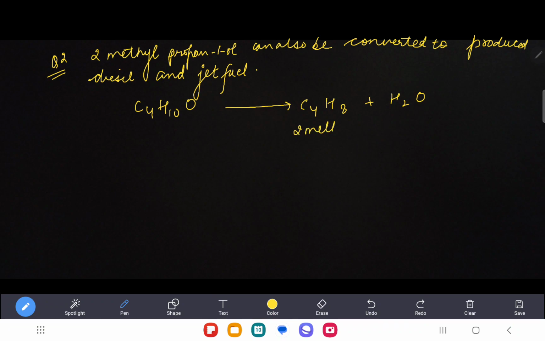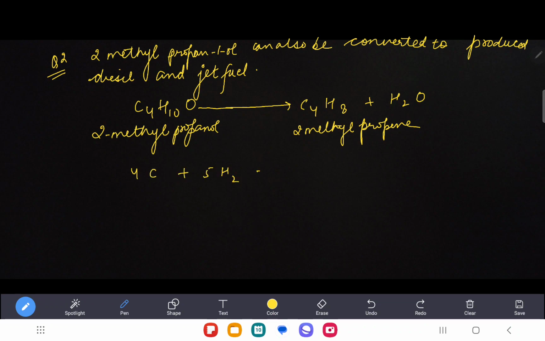So 2-methyl propene. That is 2-methyl propene, and that is 2-methyl propanol. Right? Now it says using the data given below. What is the data given to me? 4C plus 5H2 plus half O2 gives you C4H10O. 4C plus 4H2 gives you C4H8.